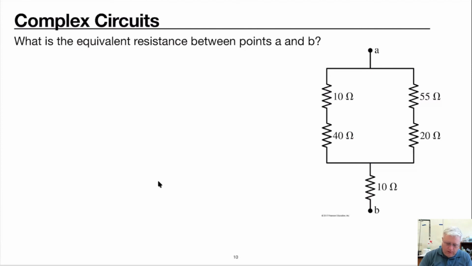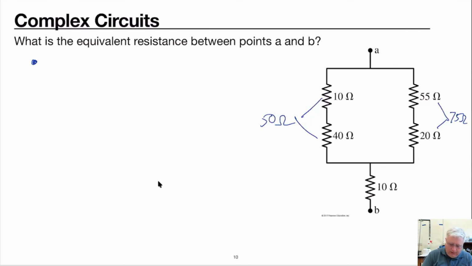So we know in series, the equivalent resistance is just a sum of each resistance. So for these two, 10 plus 40 is 50 ohms. And then the two on the right, we have 75 ohms. Okay, so now we essentially have a new circuit.